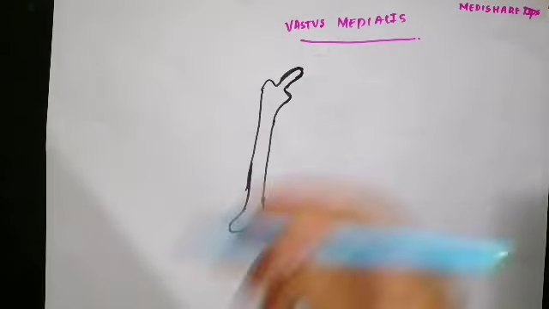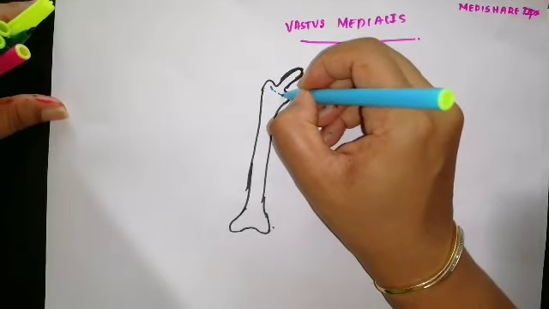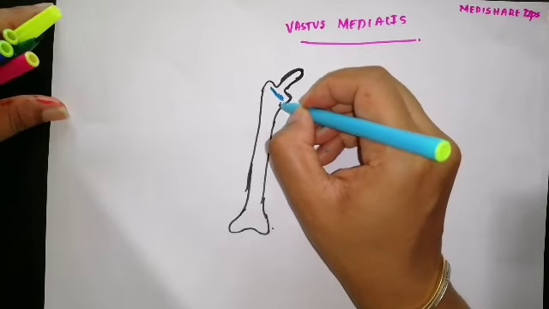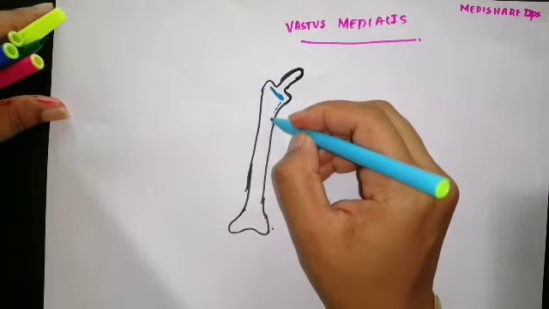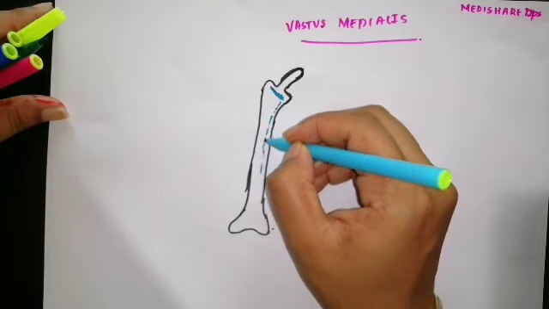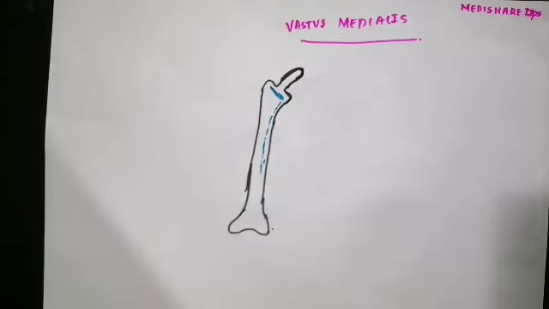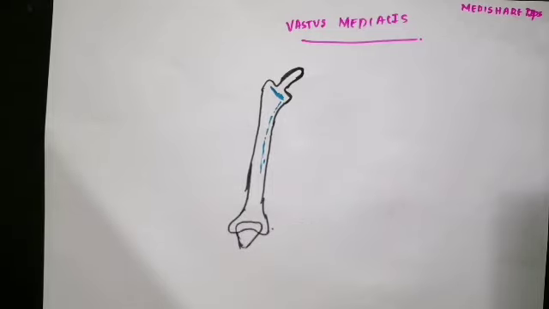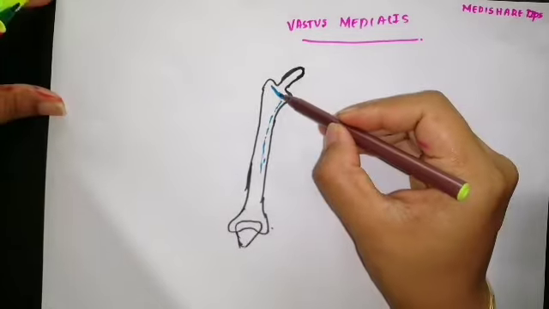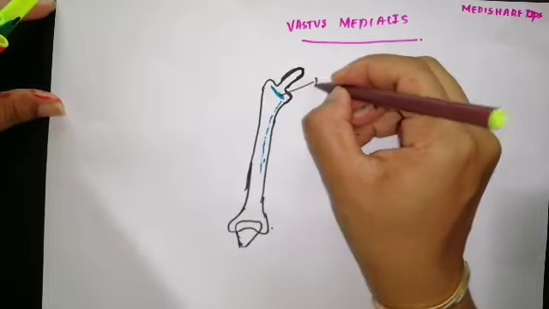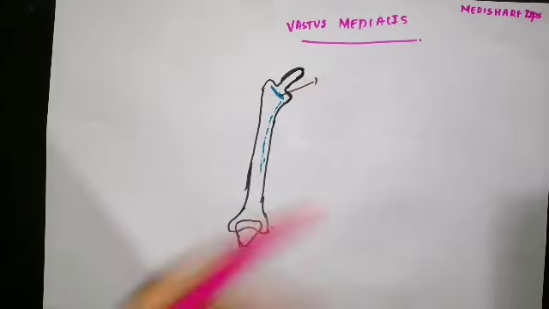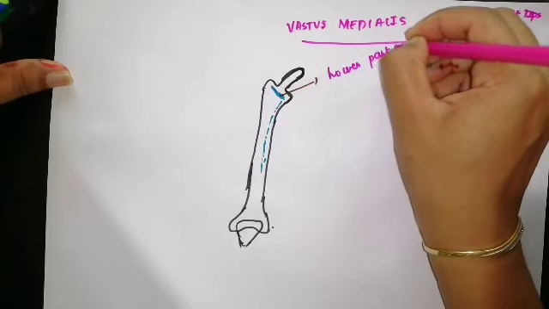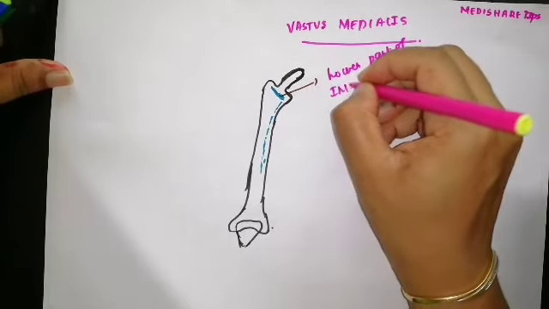What you see here is the intertrochanteric line, and we have the spiral line here of the femur, and this is the medial lip of linea aspera. Now we have the patella here. So this muscle is arising from the lower part of the intertrochanteric line.